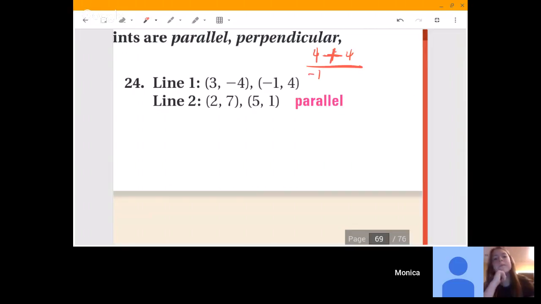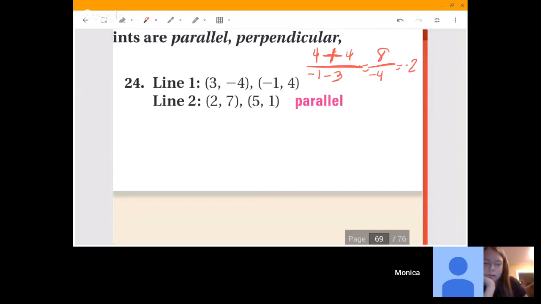That's 8 over negative 1 minus 3, which is negative 4. So that reduces to negative 2, okay? So the slope for line 1 is negative 2.